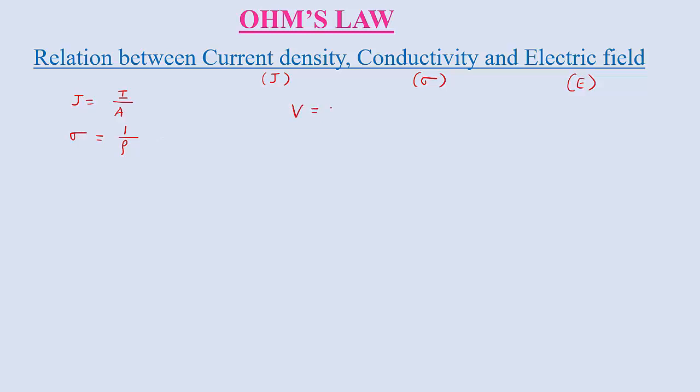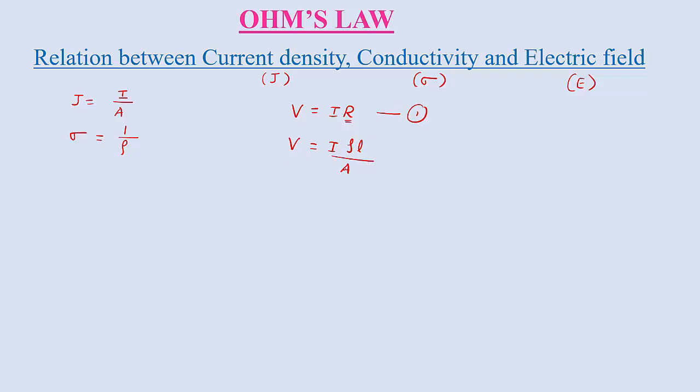What is the equation for Ohm's law? V equal to I into R. This is Ohm's law. Here in place of resistance R, I am going to write rho L divided by A. Rho is the proportionality constant, that is resistivity.